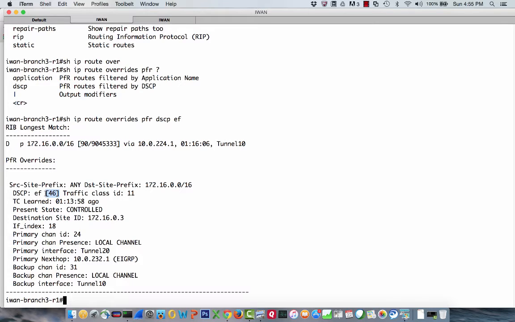I actually have traffic that is EF traffic that is going to the hub site. It's traffic class ID 11. This is its fingerprint. And right now, it is actually going out primary channel 24, backup channel 31.